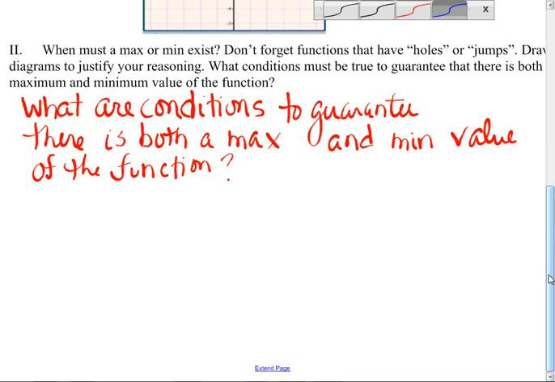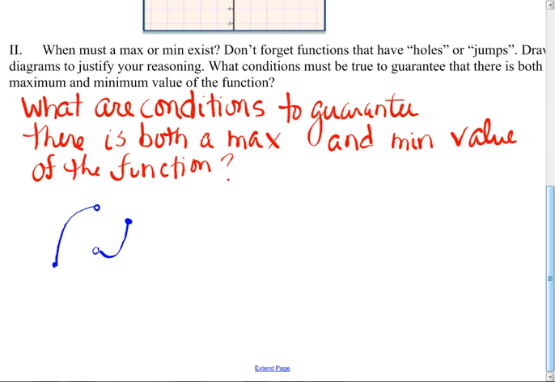So if I have this function here, can I find a maximum value on that function?